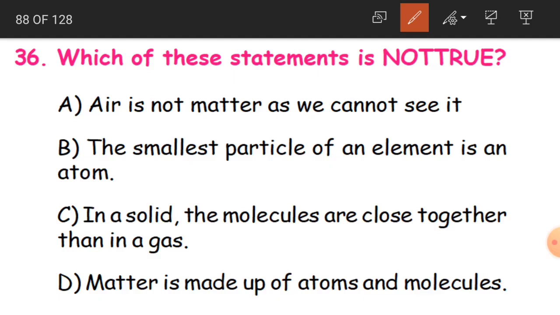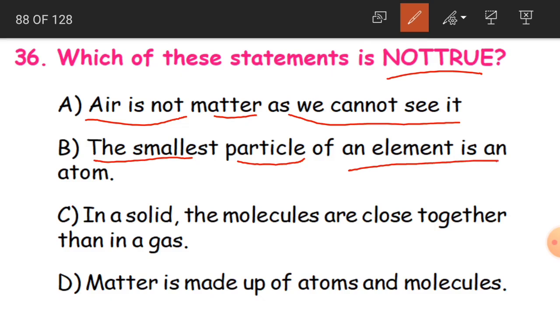Now, 36th question. Which of these statements is not true? Not true, that you have to remember, children. Air is not matter as we cannot see it. The smallest particle of an element is an atom. In a solid, the molecules are closer together than in a gas.